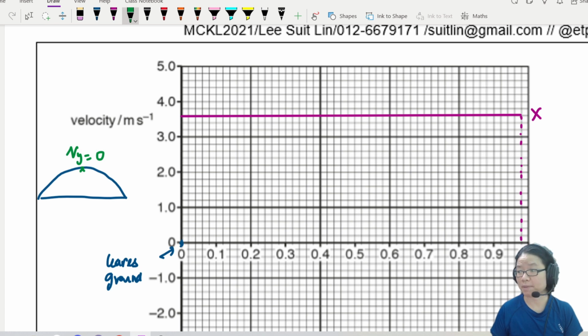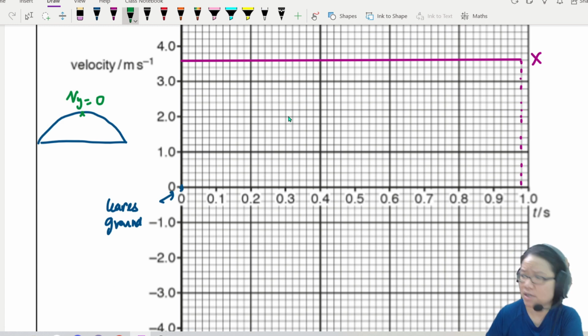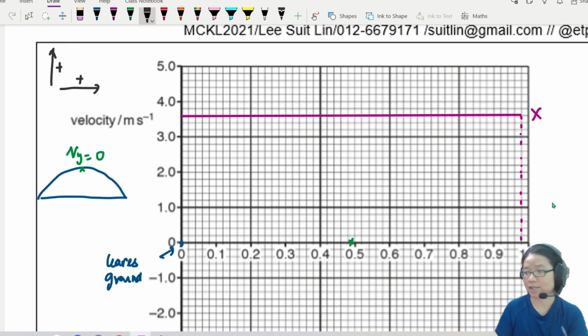So I'm going to label this point here as 0.49, right? So 49, 48, somewhere here, like half a box. So maybe I'll use green for this one, half a box. Okay, so here is where your Vy is 0. Again, for reference, I will use up as positive, and to the right as positive, like a normal person.